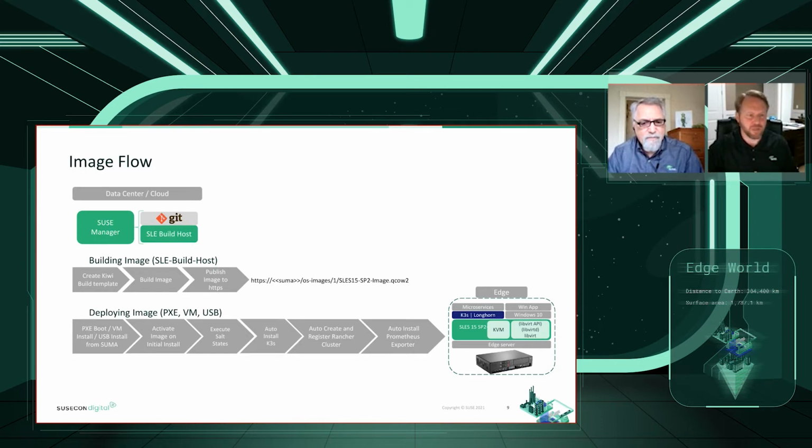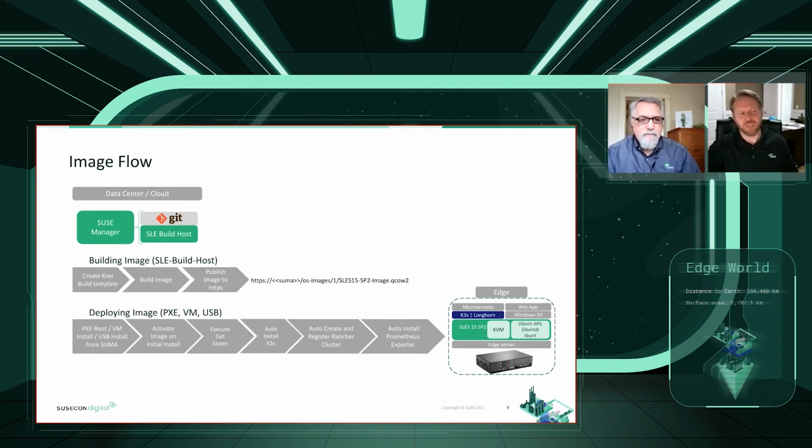So starting from the SUSE Manager server with the SLE build host, you have to be able to create a specialized image, an image that's going to run an operating system that is small enough, that just has a small footprint of software that can be managed by SUSE Manager, and also roll new versions, being able to maintain that image.